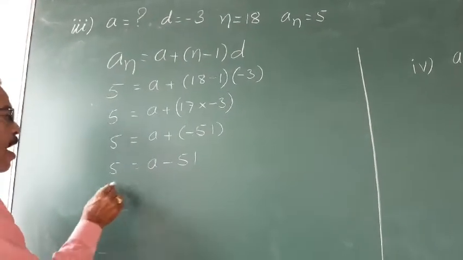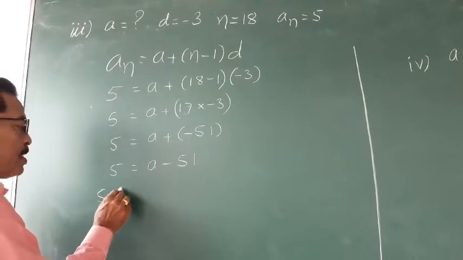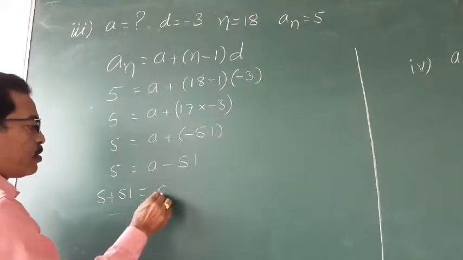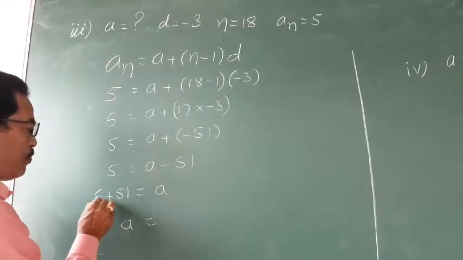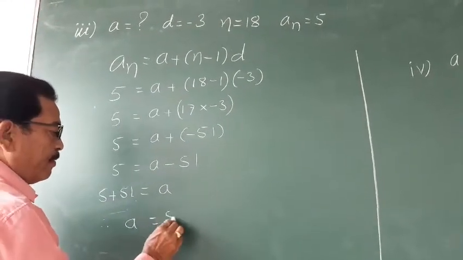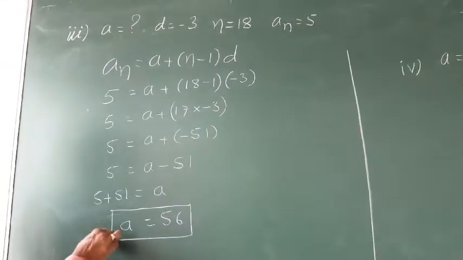So if minus 51 is transferred to this side, plus 51 equals a. Therefore a equals 51 plus 5, that is 56. a equals 56.